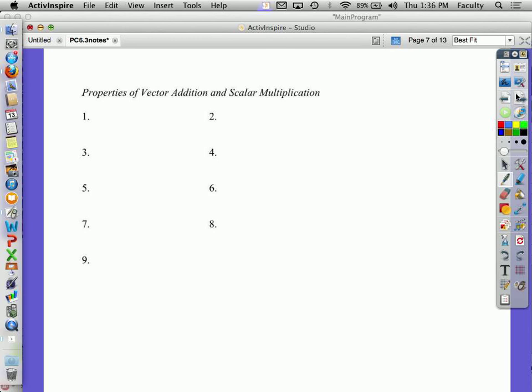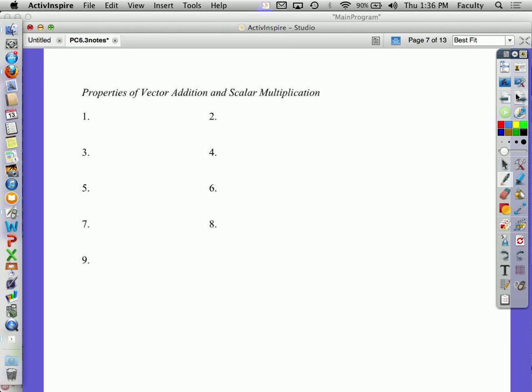Number 2 is saying vector addition is associative. Number 3, that's the additive identity, that vector U plus the 0 vector is still U. Number 4 is the additive inverse property. U plus the opposite of U is 0.